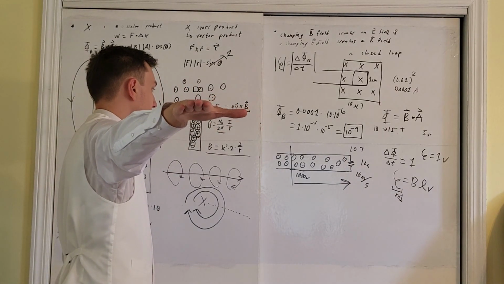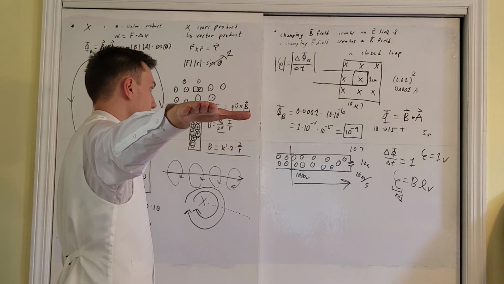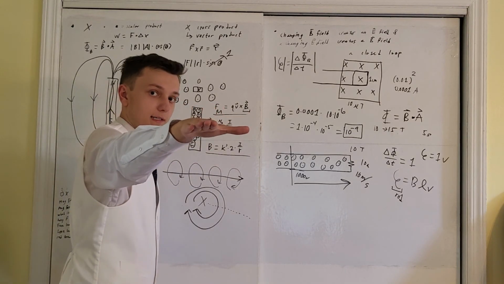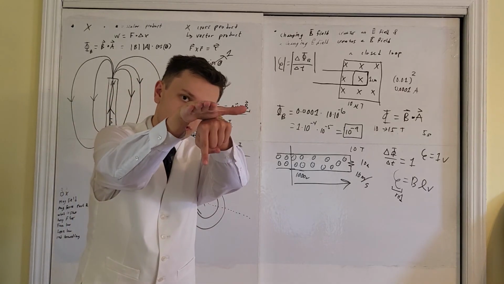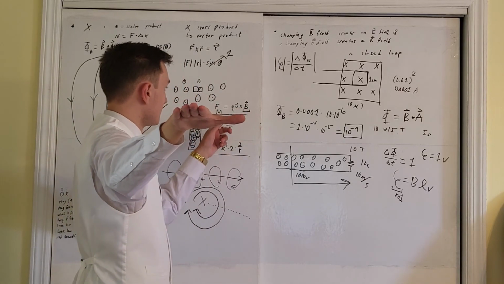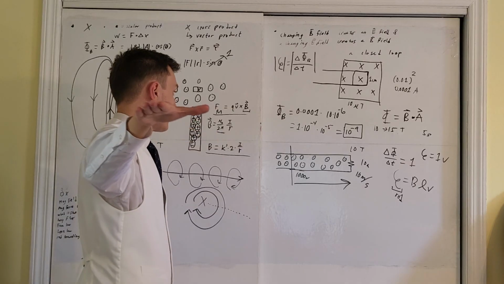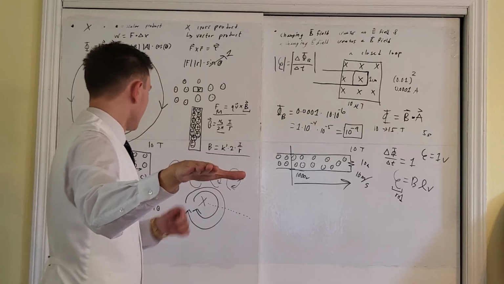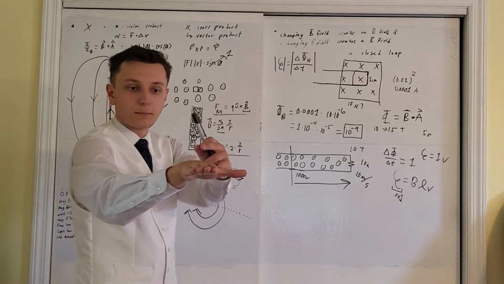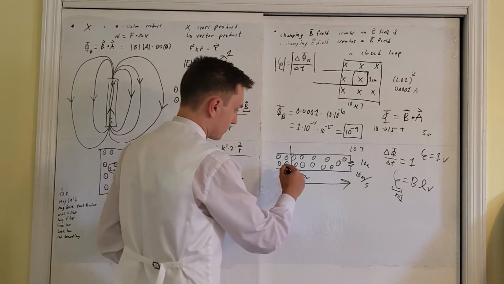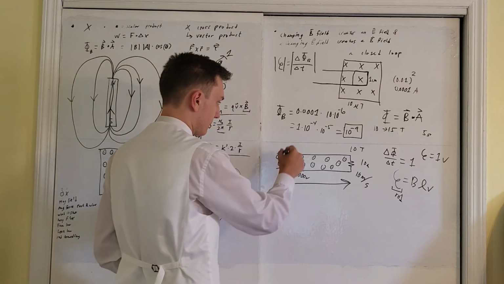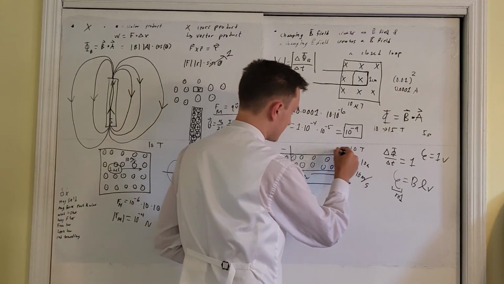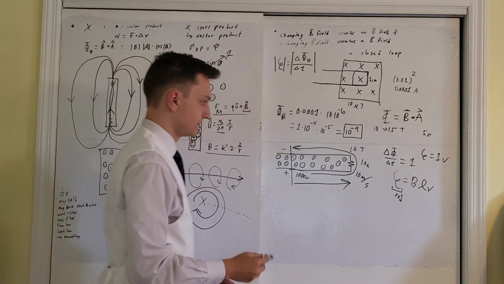So the magnetic force acts in the positive direction for a positive charge. So a positive charge would be forced downward, but the magnetic force acts in the negative direction for a negative charge, which means positive charges are forced downward, negative charges are forced opposite my palm, upward. So this part of the rod will become positive, this part of the rod will become negative. So therefore current will flow this way around the apparatus.